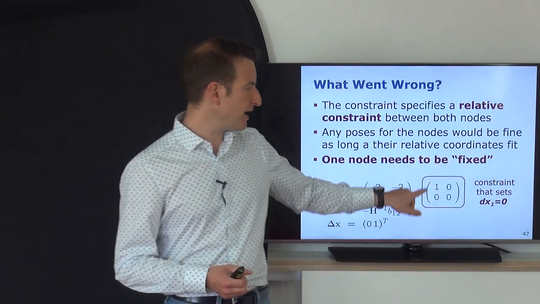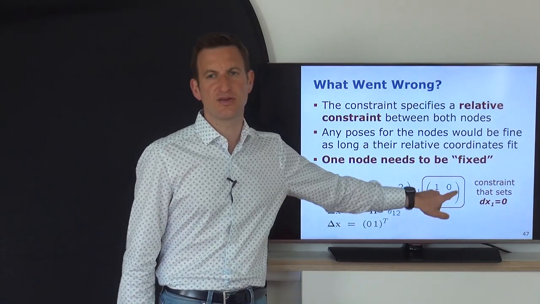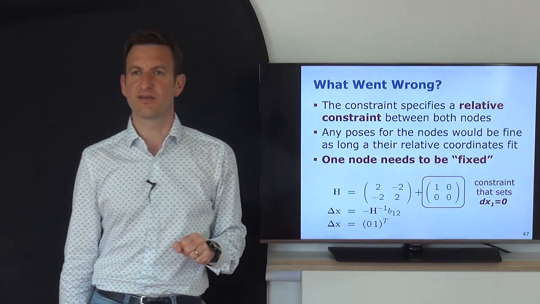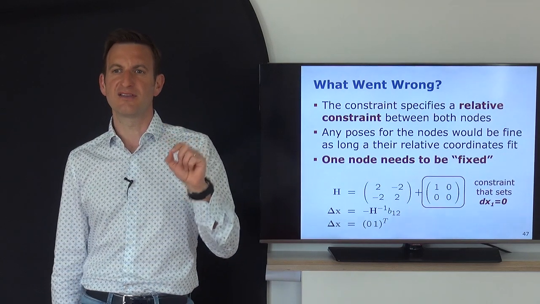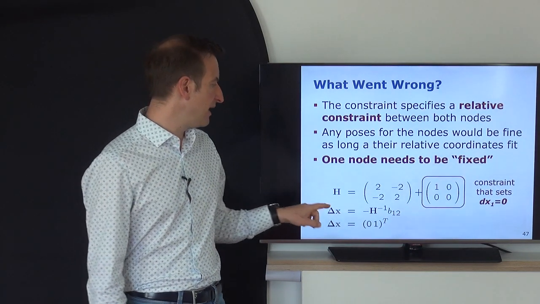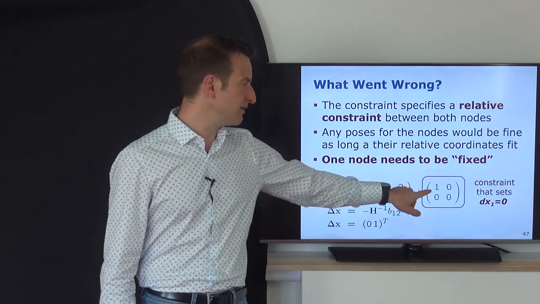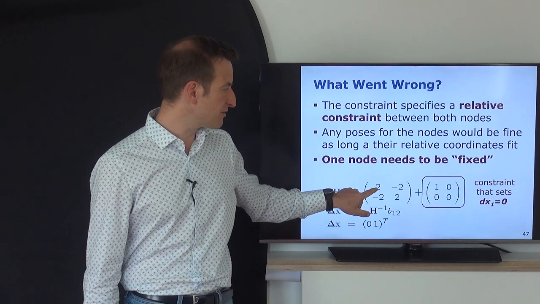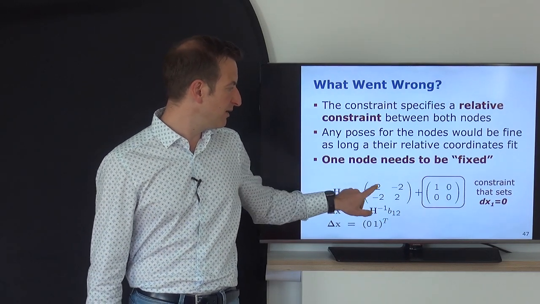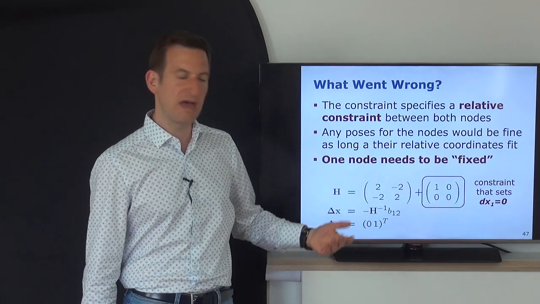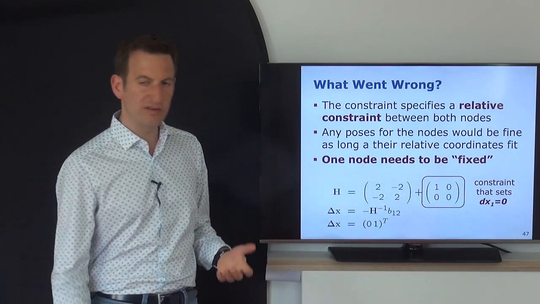We can add this prior node as an additional constraint to our H matrix, which is just a matrix that has 1 here and is 0 everywhere else. It basically sets this delta x to 0, so no shift of the first node. If we do this, then we can actually invert this matrix, because it's not rank deficient anymore. Then this element is 3, and we have 3 times 2 is 6, minus 4, so a determinant of 2, which looks good.